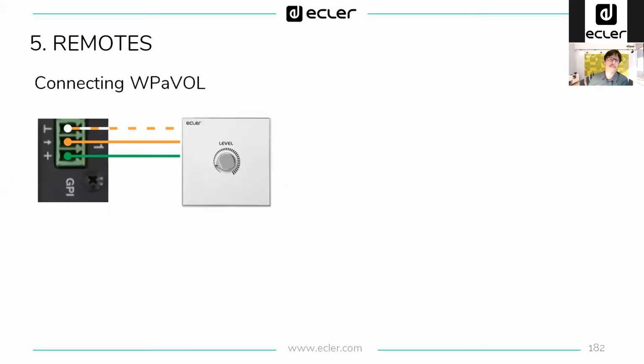WPA vol. These are the colors, because in the back they have an RJ45, these WPA controllers. So these are the standard colors of a Cat5 cable. Anyway, you have it in the manual, you don't have to worry about this.